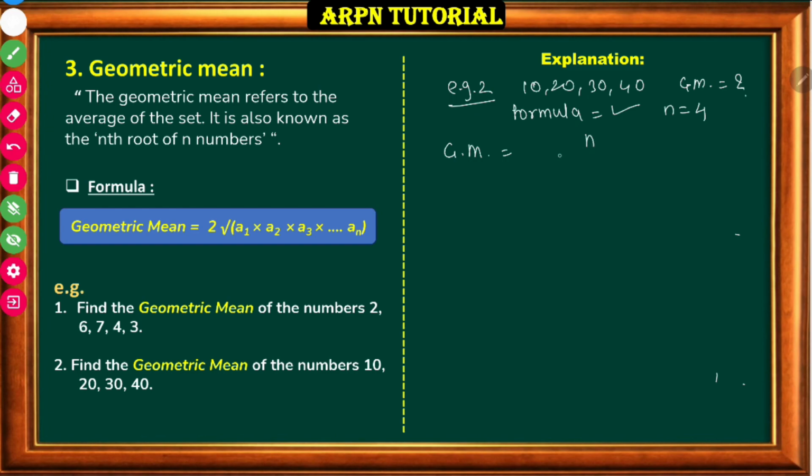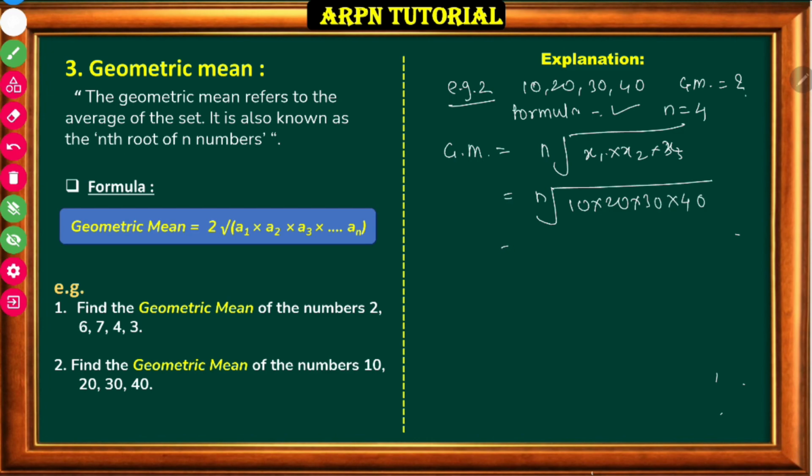GM is equal to the nth root of the multiplication of x1 into x2 into x3. So n is 4. I am doing the multiplication, and n is 4.